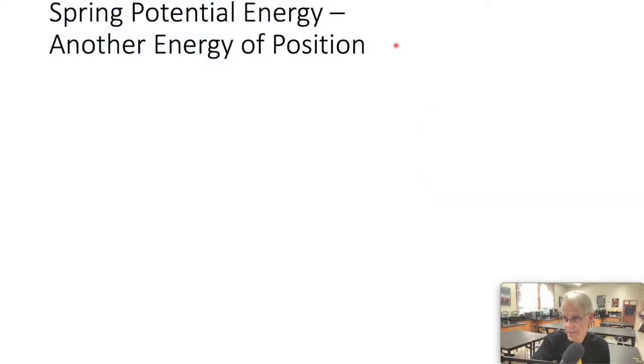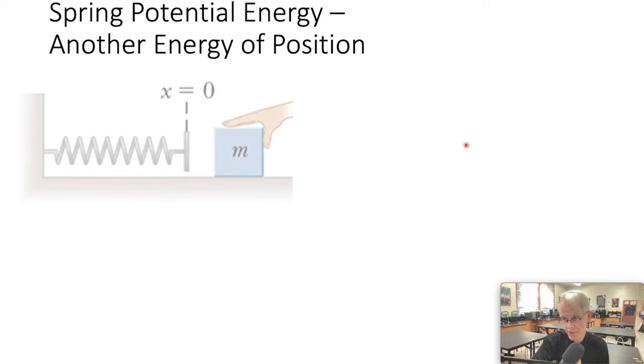Another type of potential energy we will deal with here is called spring potential energy, and it's another energy of position. Let's say we have a spring here and a mass, and we have this x equals 0, the spring's equilibrium point, where the spring sits without being pushed or pulled on.